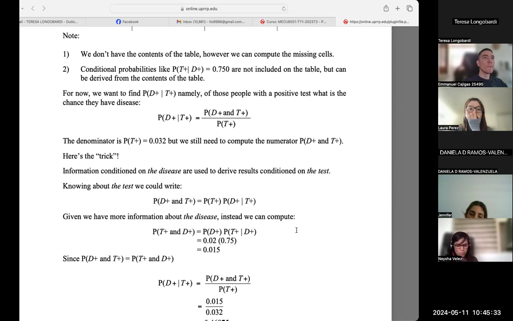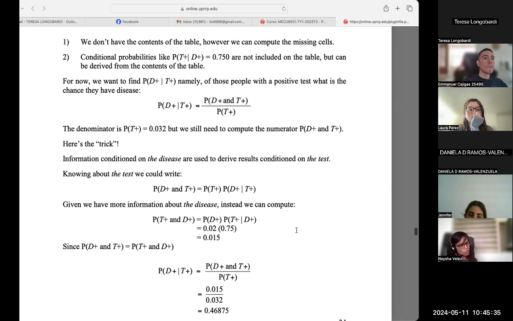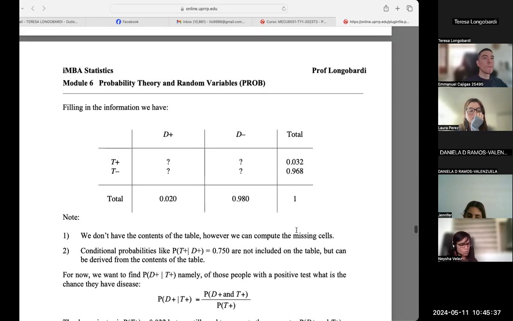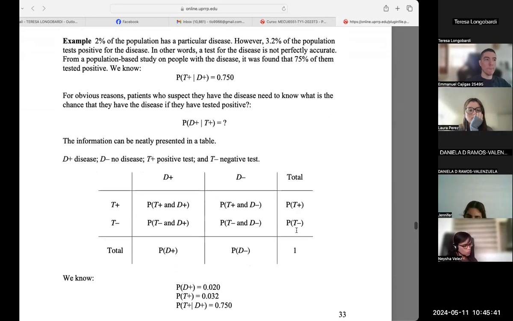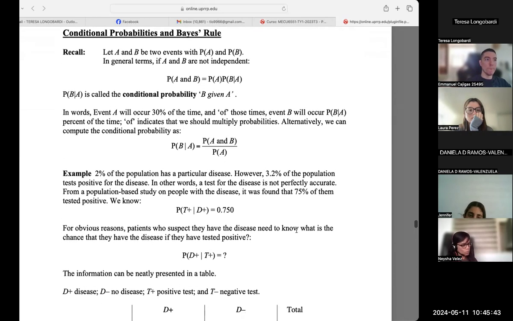I had a lot of these problems in the quizzes, and I took them out because I didn't want to make students think it was more important than everything else. But the takeaway from here is if you understand this, you understand more than 90% of the population about testing and what probabilities mean in science, right?